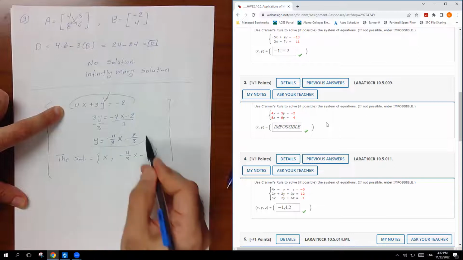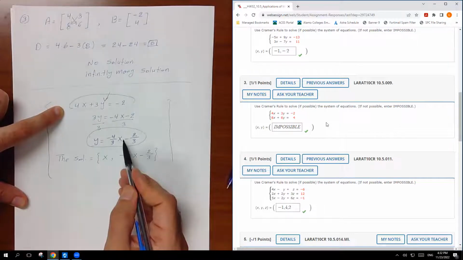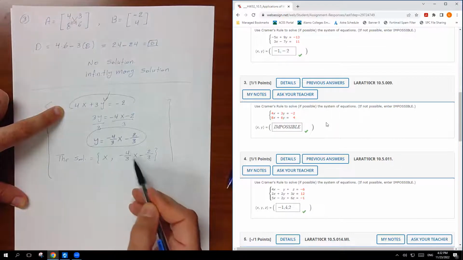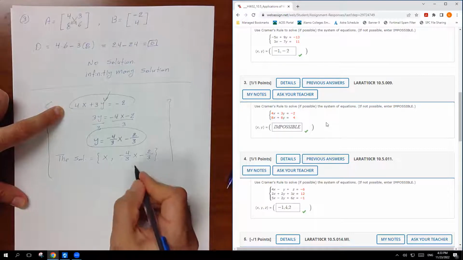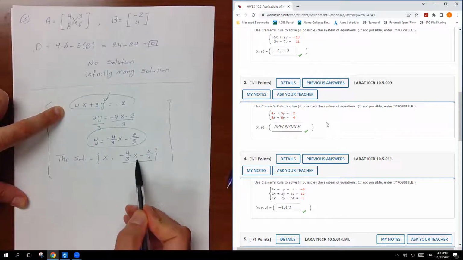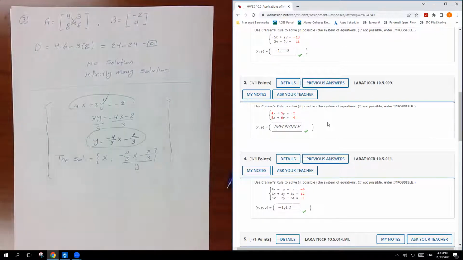This is the y, and so y is going to be dependent on x: -4 over 3 x minus 2 over 3. This is the y value. So if you have x1, you're going to get a new y value. If you have x2, you're going to get a new value. x3, that's why we have more than one solution. That's it for example 3.